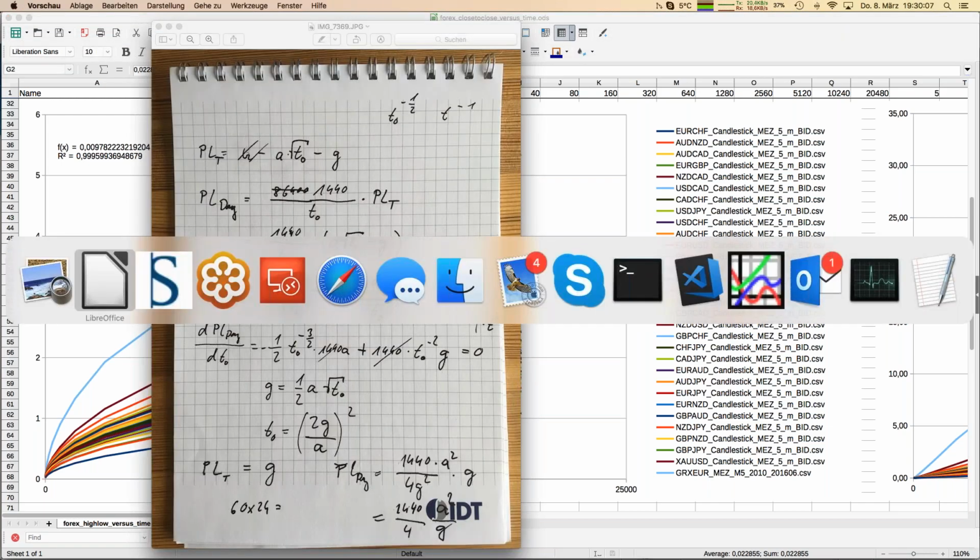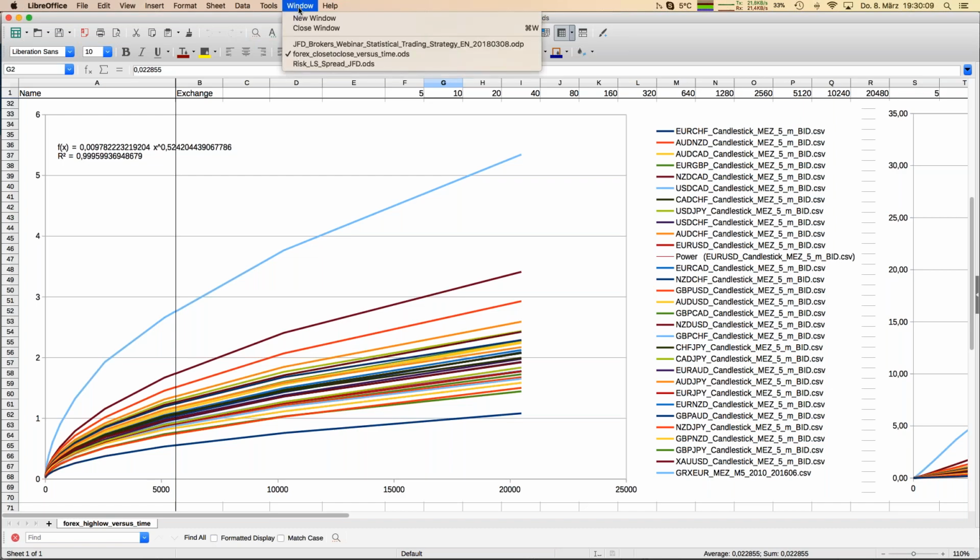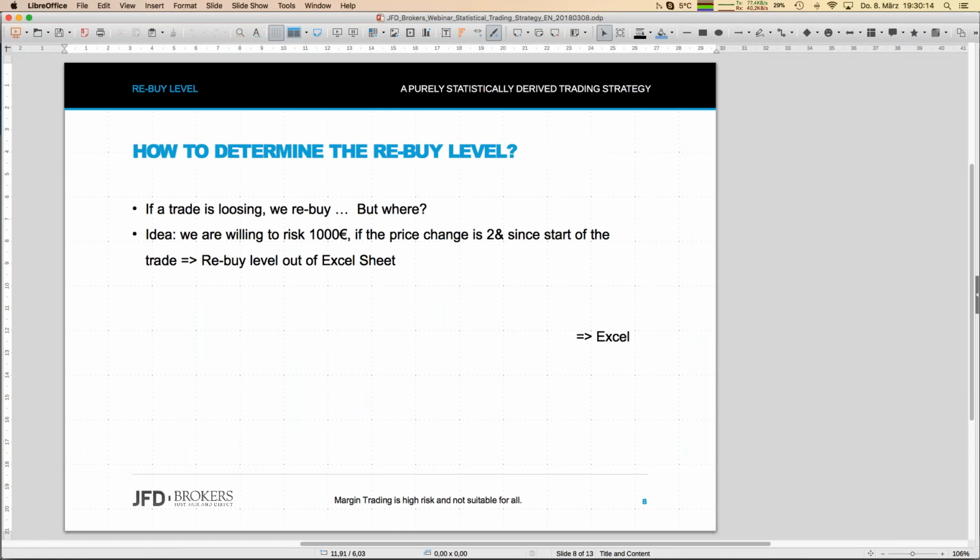So we have loser trades as well, because we open a long and a short trade simultaneously, and at least one is a little bit later. When the first one hits take profit, the other one is definitely in the minus. The idea now is that we do a rebuy.